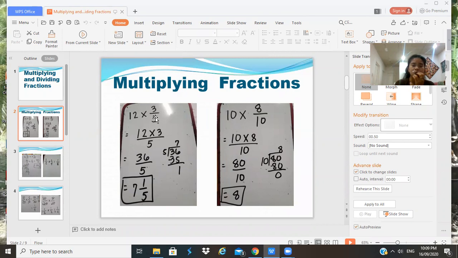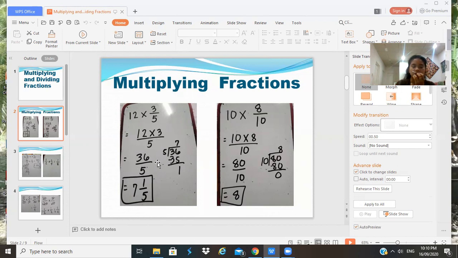When we are going to multiply a fraction and a whole number, we can directly multiply the numerator. Our 12 is understood to have a denominator of 1. So that's why we have 12 times 3 over 5 because the denominator is 5. Then 12 times 3 is 36, over 5, because the denominator is 5.